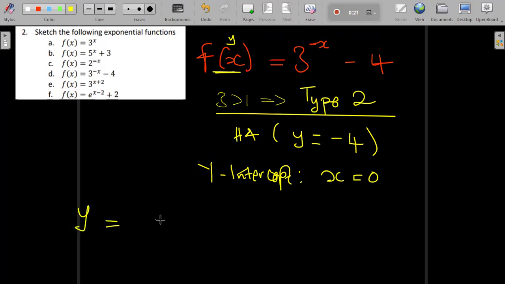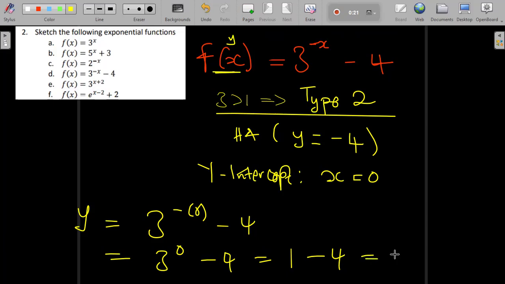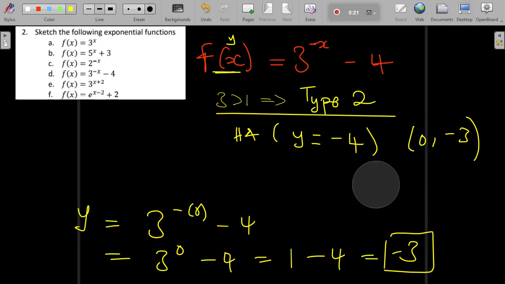So y is equal to 3 to the power 0, minus 4. 3 to the power 0 is 1, minus 4 is minus 3. So my y-intercept is at minus 3, with coordinates x is 0 and y is minus 3. This is where the graph will cross the y-axis.